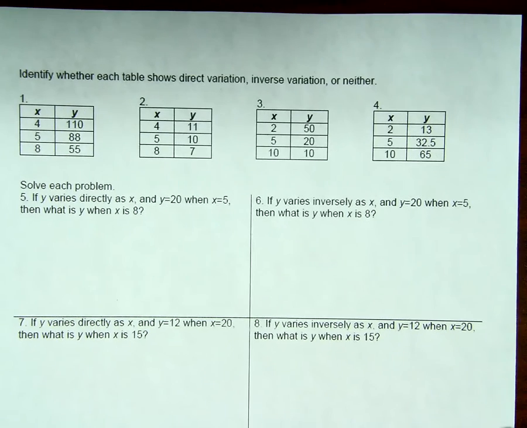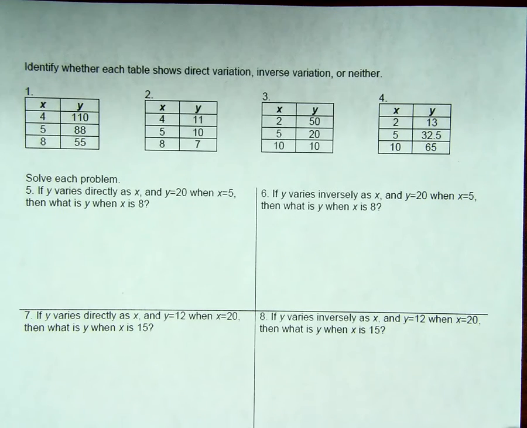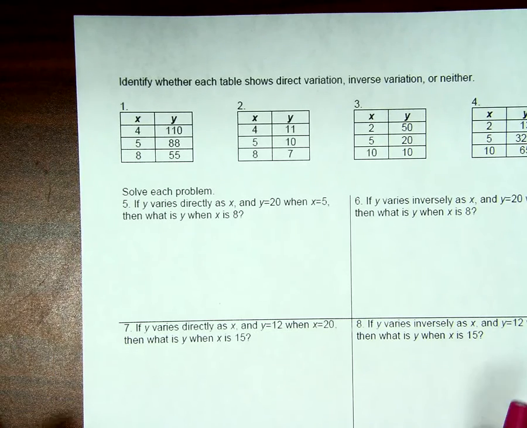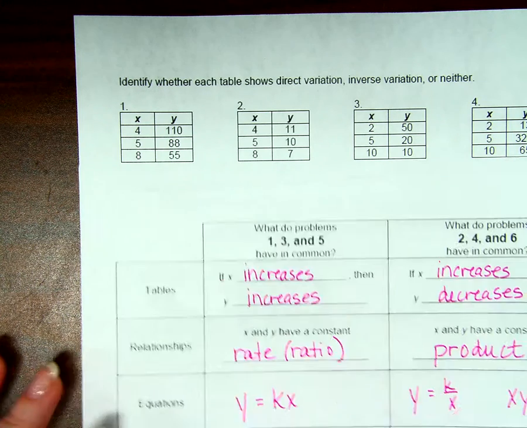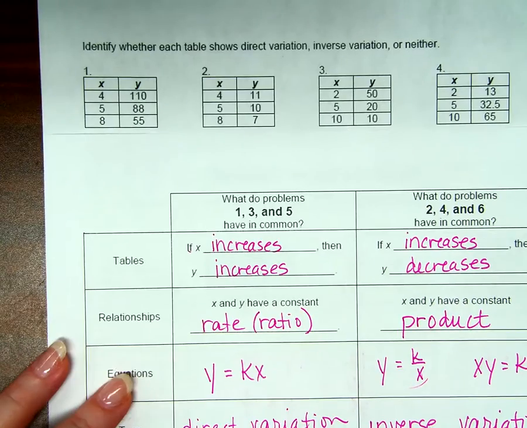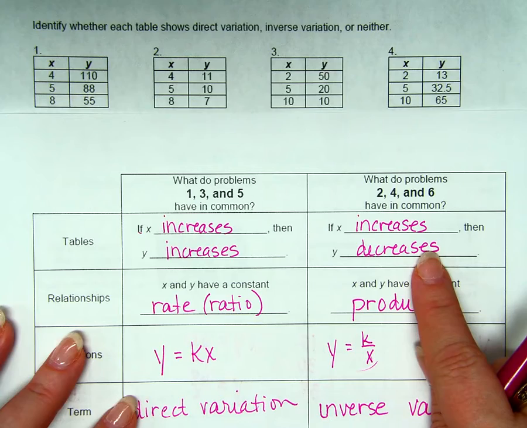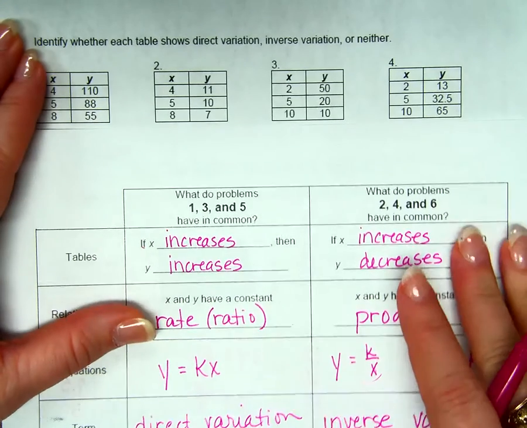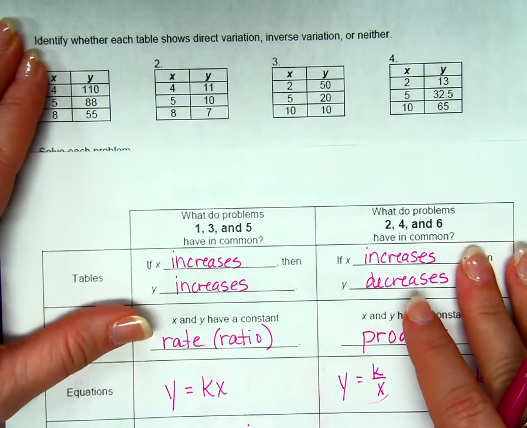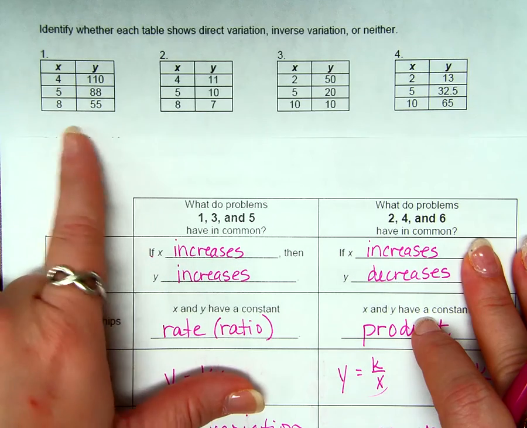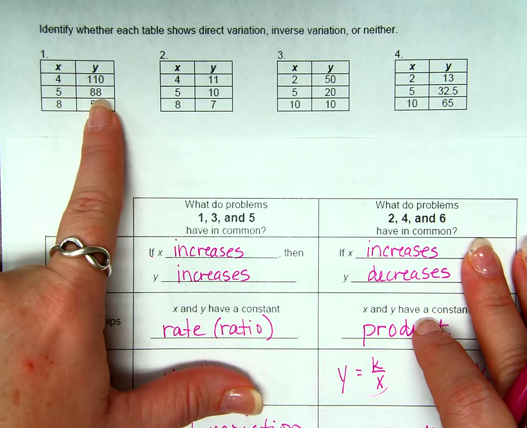Identify whether each table shows direct variation, inverse variation, or neither. So look at table number 1. What is happening with the x's and what is happening with the y's? So then there's a chance that it's inverse, right? Now, why did I say there's a chance that it's inverse? It could not be inverse because still, yes, it's increasing, yes, it's decreasing.